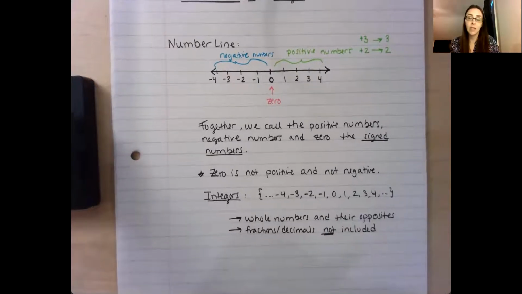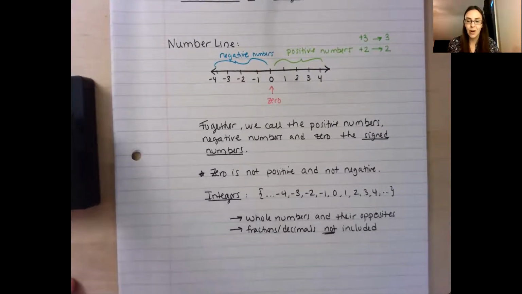And as I said, we're definitely going to get to fractions and decimals later on. We're just not here yet. So our integers are the whole numbers, but also including the negative parts as well there.